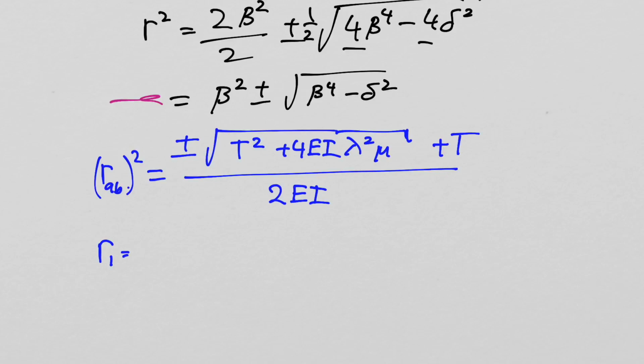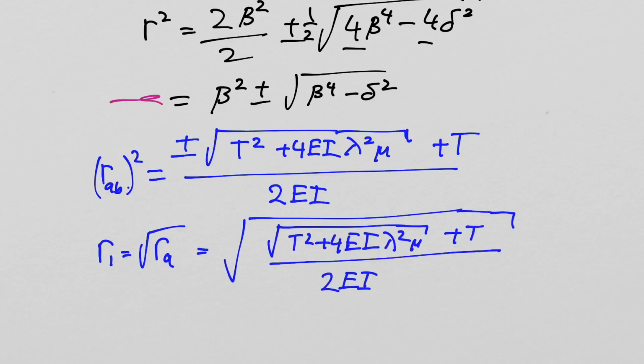And R1 equals the positive square root of RA, and RA is the positive square root here, right? So anyway, it's going to be the square root. That equals the first of the four roots. That's R1. R2 is going to equal minus the square root.